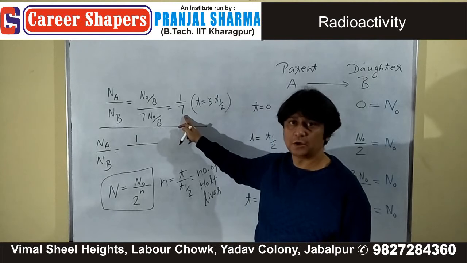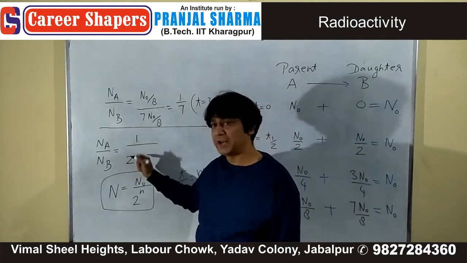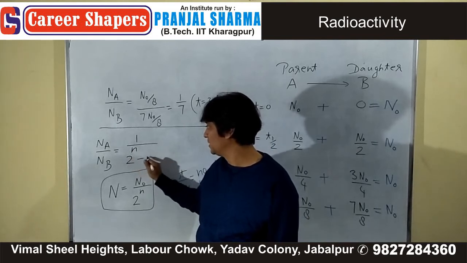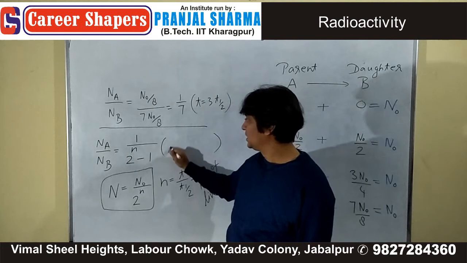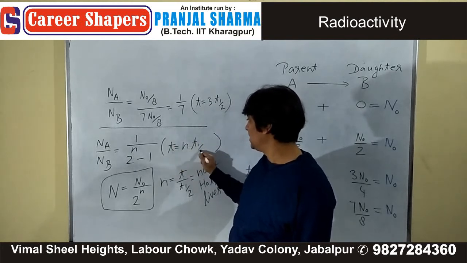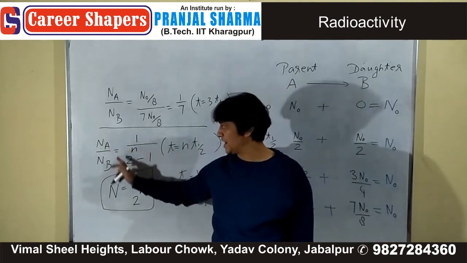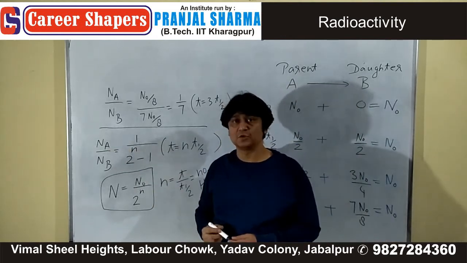What is 8? 2 to the power 3. So you can simply remember it in this form: 2 to the power n minus 1. This is after your t is n T half. That means after n half-lives, the ratio of A and B will be 1 upon 2 to the power n minus 1.